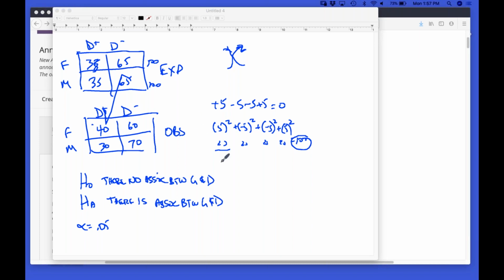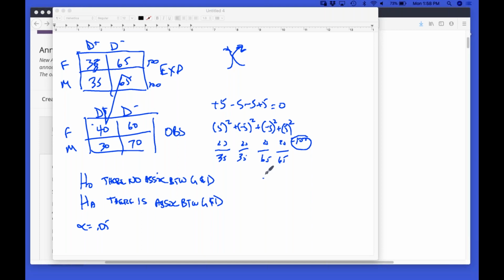So in other words, this would be 25 divided by 35. This would be 25 divided by 35. This would be 25 divided by 65. And this would be 25 divided by 65. Right? So I'm going to take each one of them and divide it by the expected value. That's going to bring it back down into close to the area where I would be working, right?